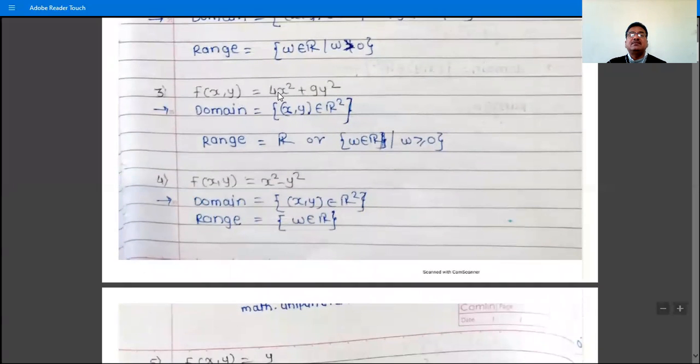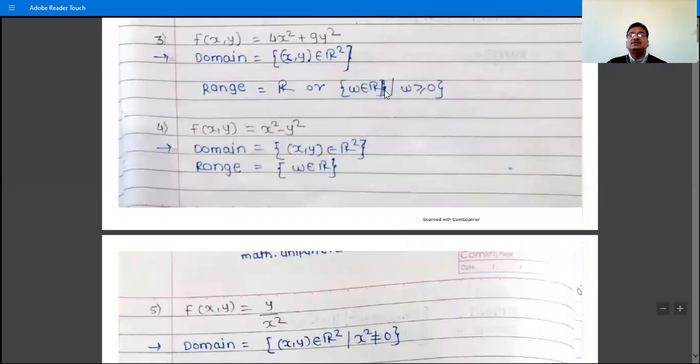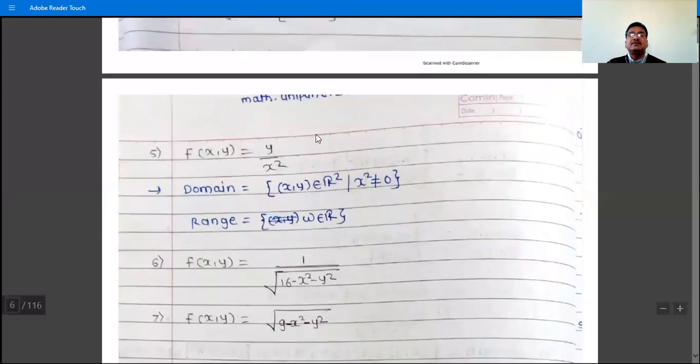There is no condition. 4x square plus 9y square means domain is all elements of R square, and range is R. R, right, R. This is again R square is the domain, range is R.